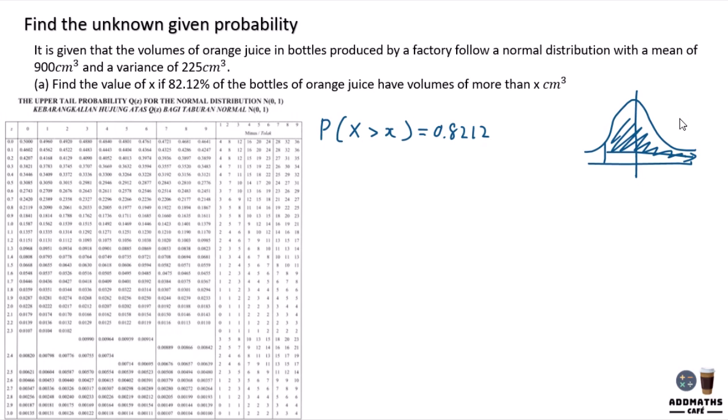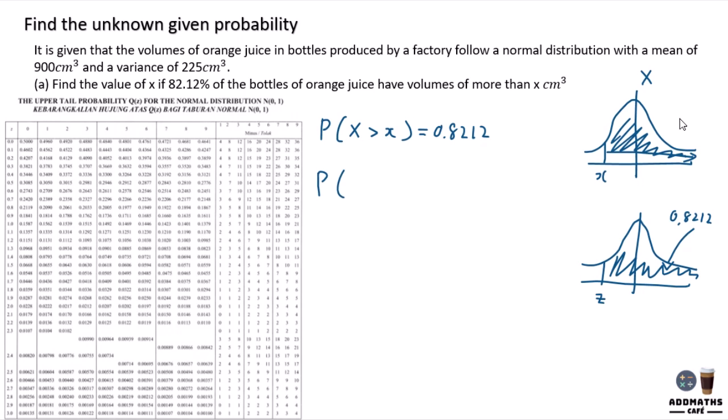So your X value here is X. This is your X graph. When you transform into the Z graph, this value here will be your Z. This is your area, which will equal 0.8212. To transform into Z, first apply the formula: X minus your mean, which is 900, divided by 15, equal to your area 0.8212.